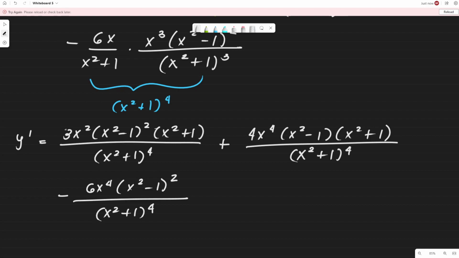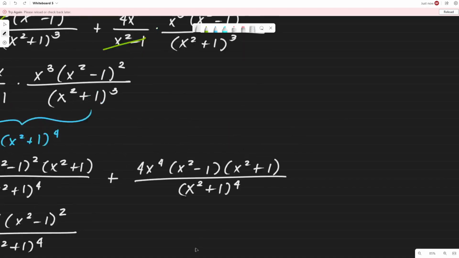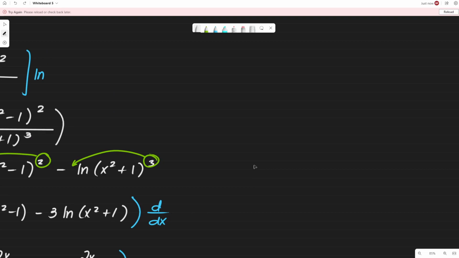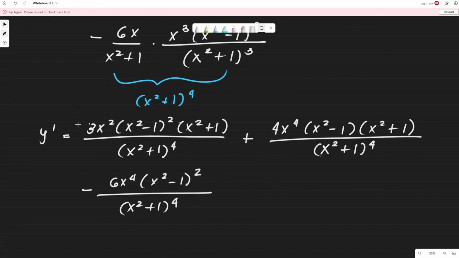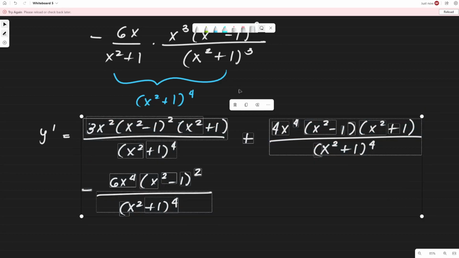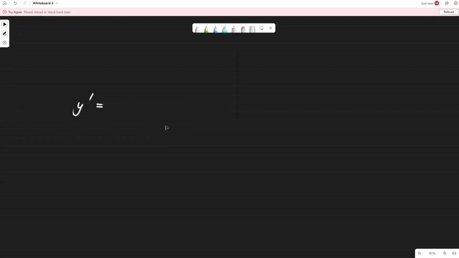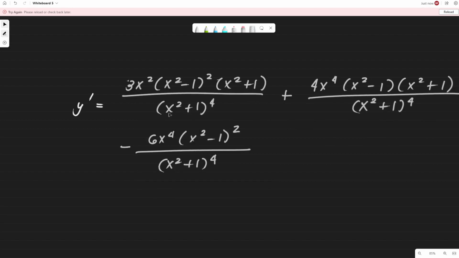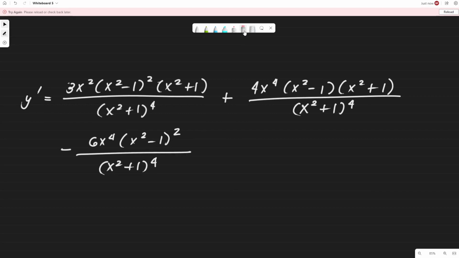Okay, so combining all of this, so we'll have y prime. Kopyahin ko na lang, dito pala sa gilid. So we'll have y prime is equal to, kopyahin ko lang lahat. Ayan. So, I will be combining all of them.